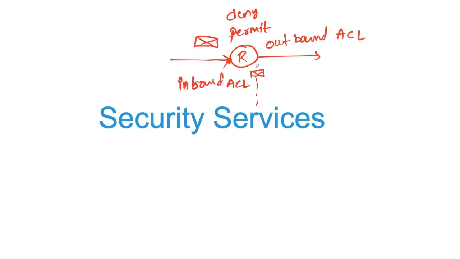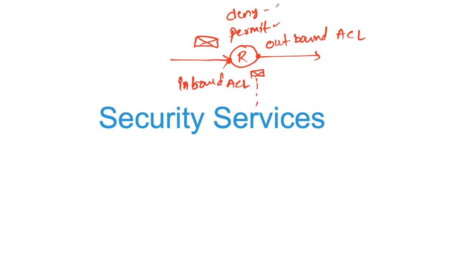That means sometimes, if the inbound interface is not configured properly but the outbound interface is, a packet may enter the router operating system, and based on the routing table, reach the outbound interface. There the ACL will again check whether it is permitted or denied.